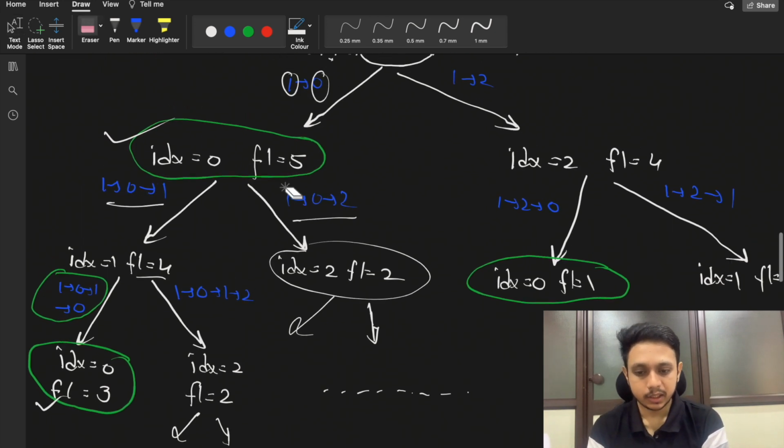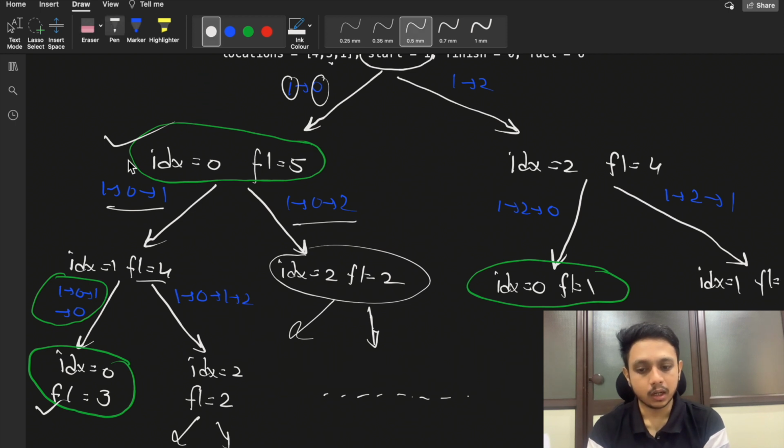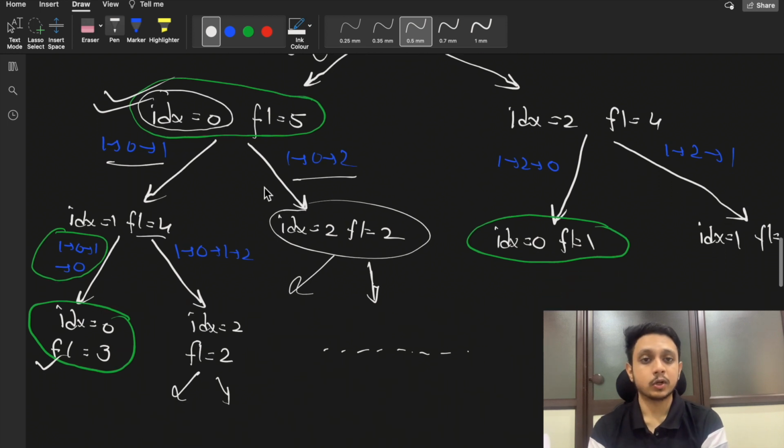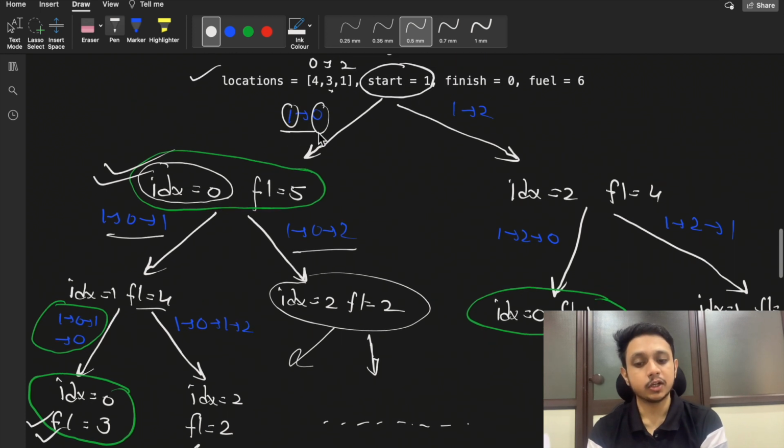See guys, here if you see, although we came to our final location, we didn't stop, right? We didn't stop because we have some fuel remaining. So we try to explore different cities and different routes.